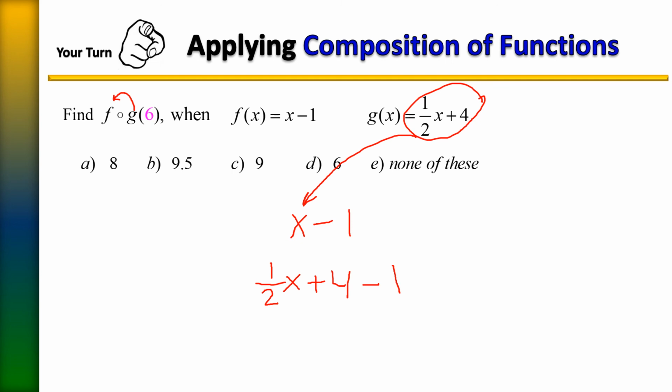Continuing on to simplify this, that would be 1/2 x plus 3 when we combine a positive 4 with a negative 1.